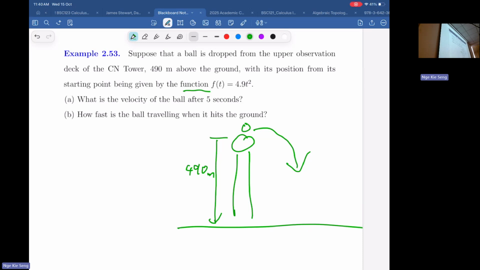This function should be the displacement function for this ball. Here is f(t) equal to 4.9 t squared.